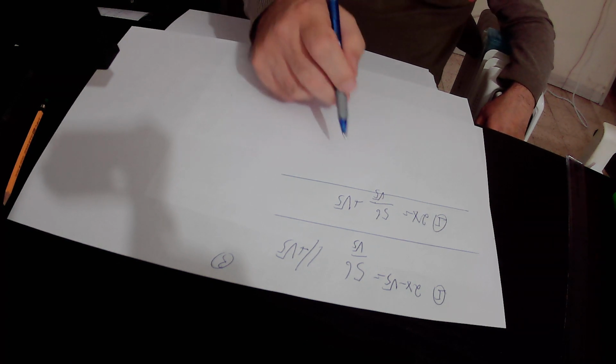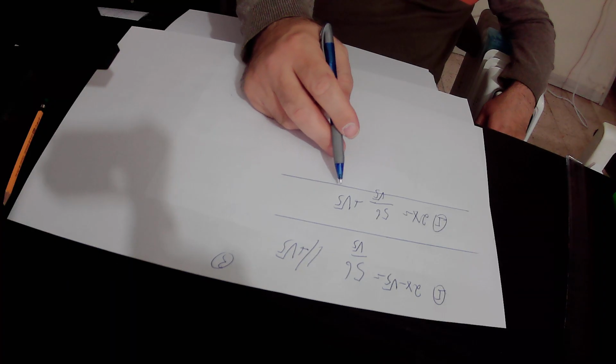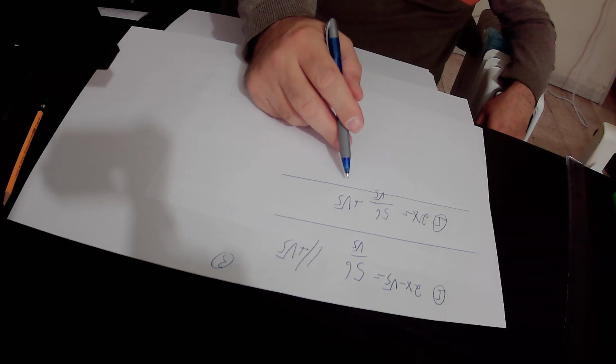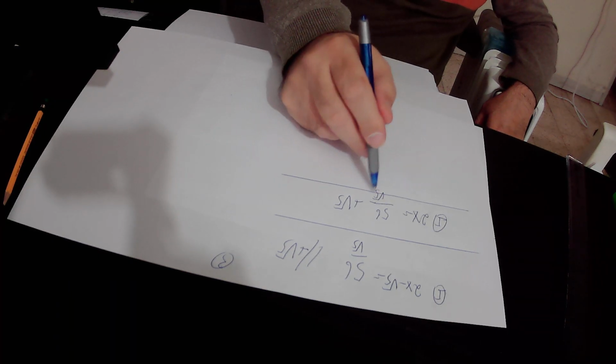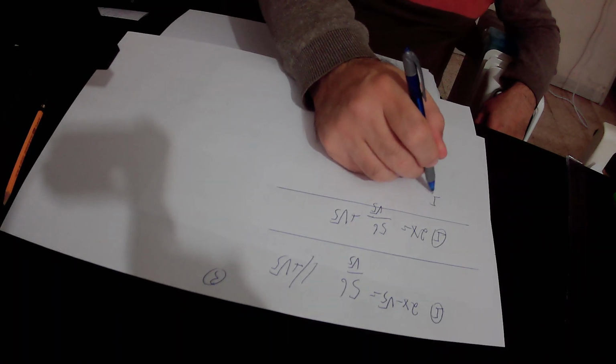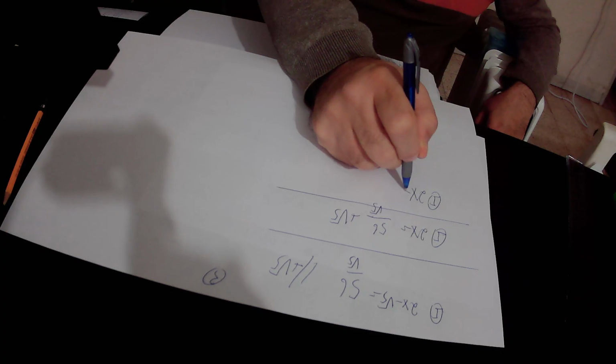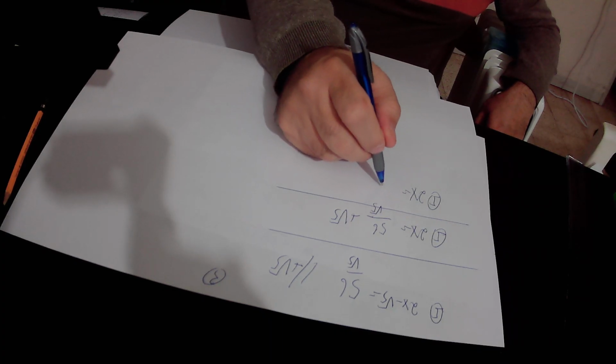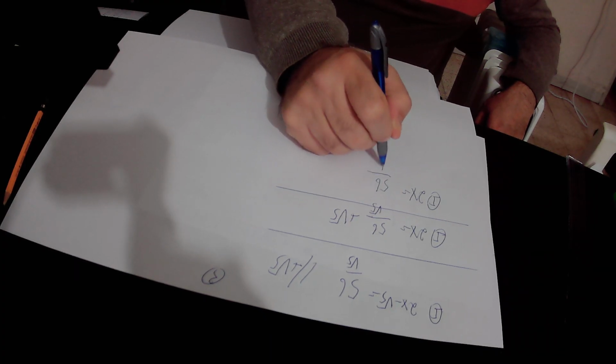So we multiply square root of 5 by square root of 5 and then divide it by square root of 5 in order to have a common factor with this expression.